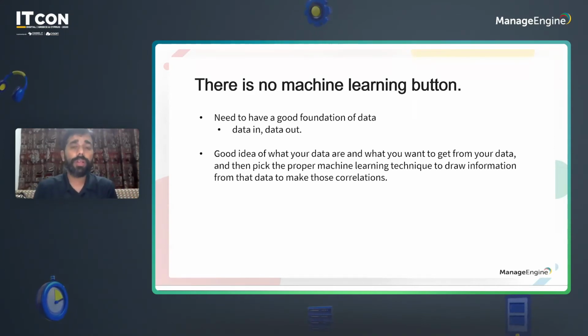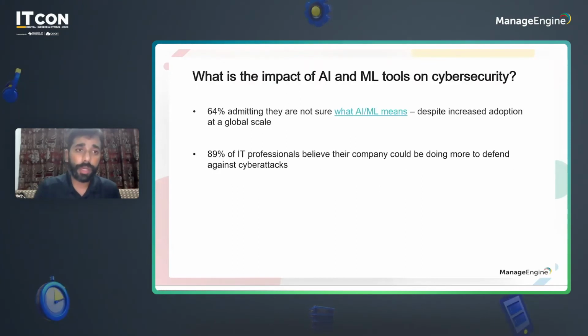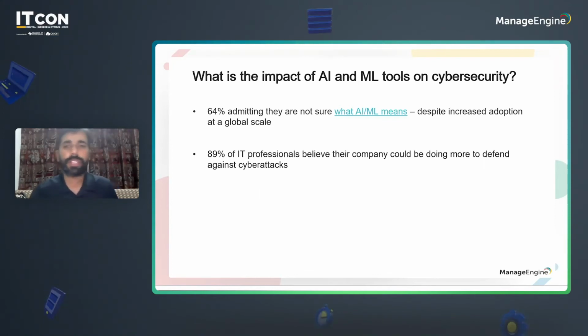So this is where I would kick off my talk with what is happening in the market. As we say, machine learning is the core of many organizations. Everybody is jumping into machine learning algorithms, artificial intelligence, and cybersecurity. But the truth is, most of them are confused. 64% of administrators or people in the cybersecurity space admit that they're not sure what AI and ML mean.